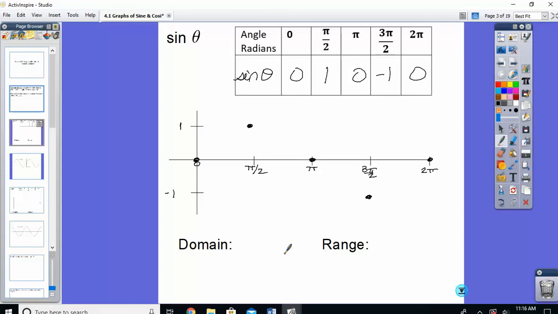If I had made you plot the rest of the points, like your pi over 6, pi over 4, pi over 3, we would see this is curved. These aren't straight lines. It's not like a zigzag. It's a nice, smooth curve.